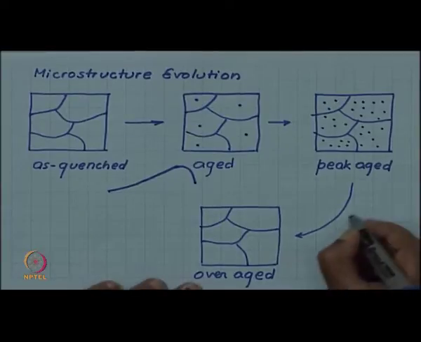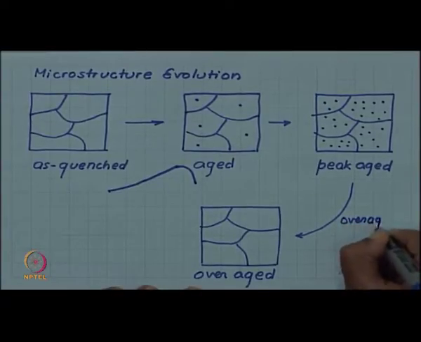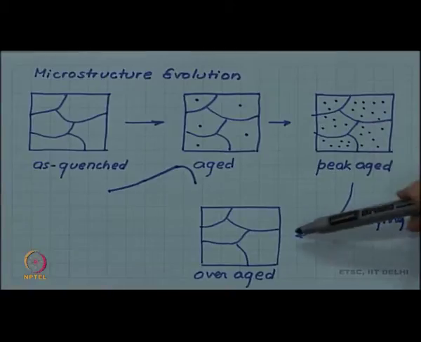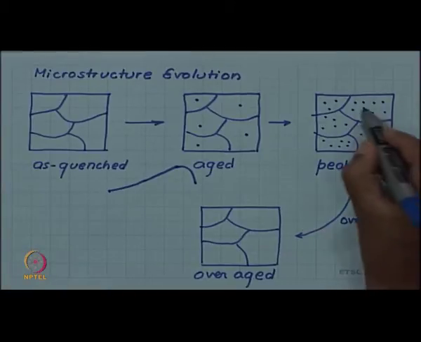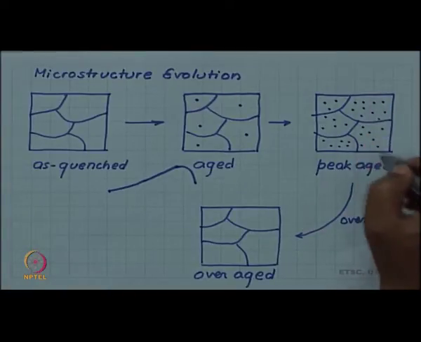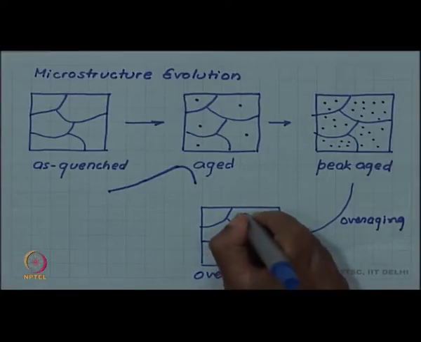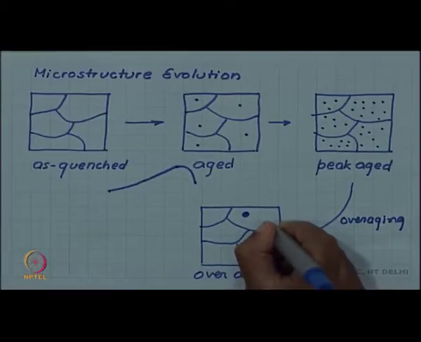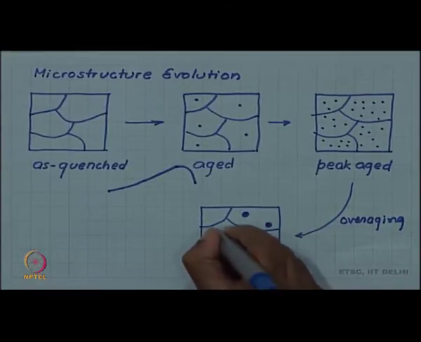So, during overaging what happens? What really happens during overaging is that these fine precipitate distributions start transforming into a coarser precipitate distribution.